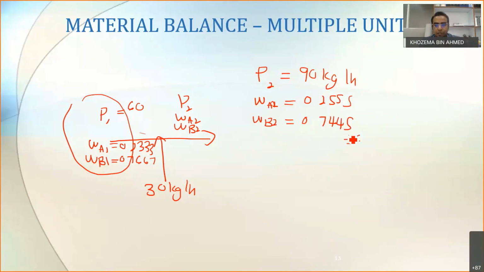So I've gotten the value for stream 1, stream 2, and also stream 3. So that is how you solve for your multiple unit material balance.